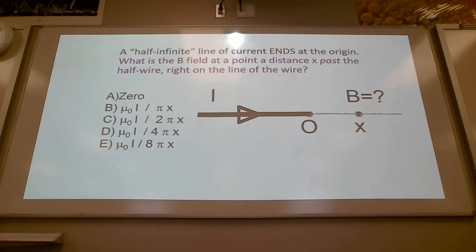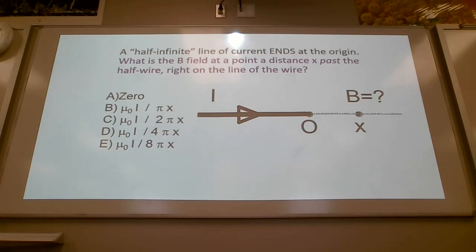Tell your neighbor. Oh, it says mu naught I over R. Correct answer is A. Okay, there is no component of current that is perpendicular to the radius.